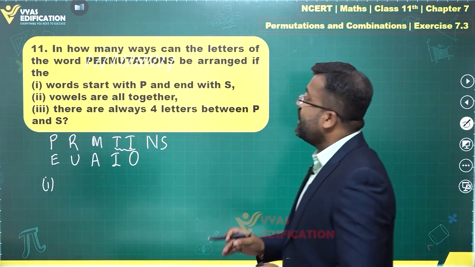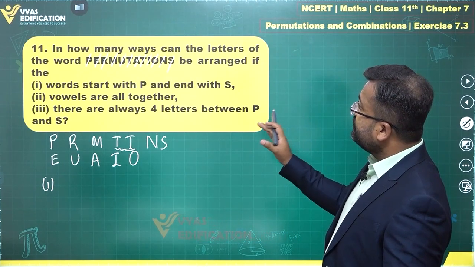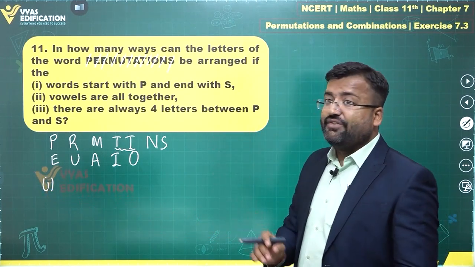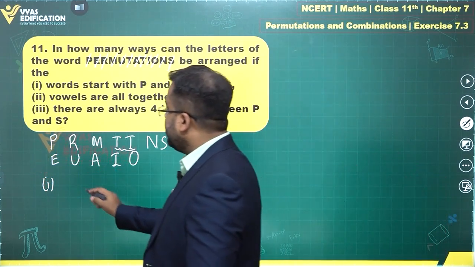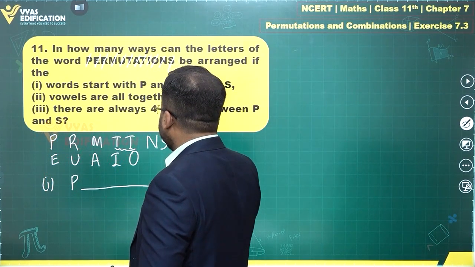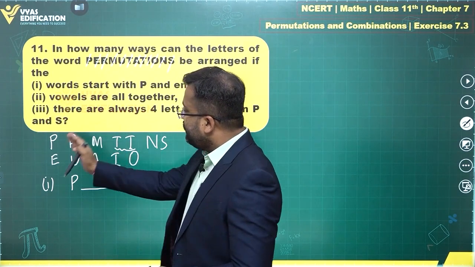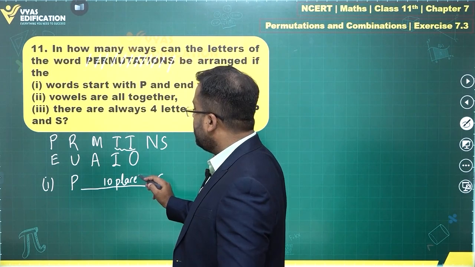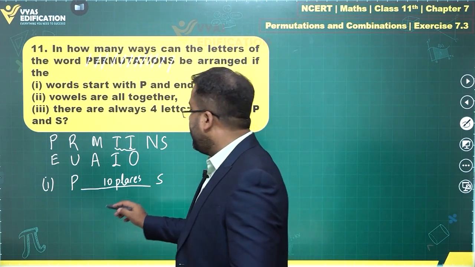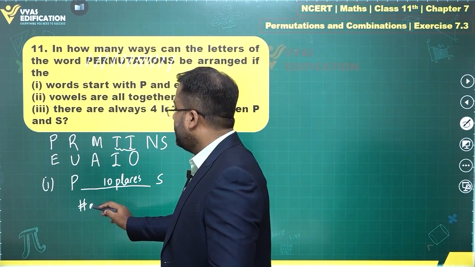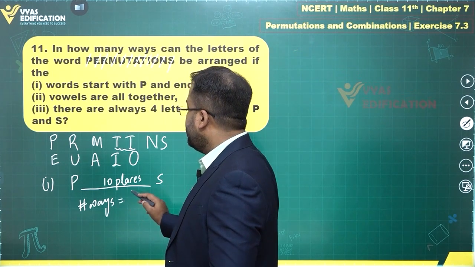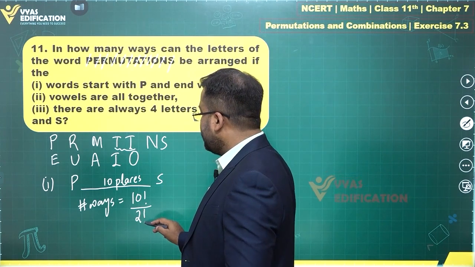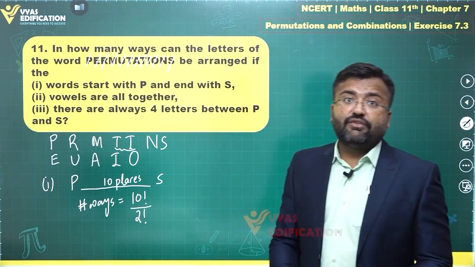Now let's talk about the first part. The first part says, in how many ways can the letters of the word be arranged if words start with P and end with S? Starting with P and ending with S implies out of 12 you will be arranging 10 letters at 10 places, and therefore the number of ways will be equal to 10 factorial over, since the two T's are similar, we divide by 2 factorial.